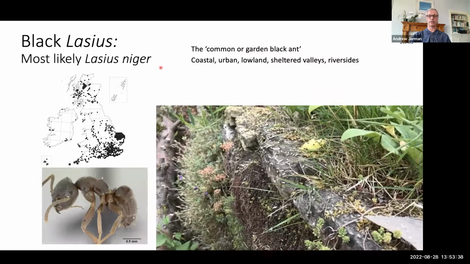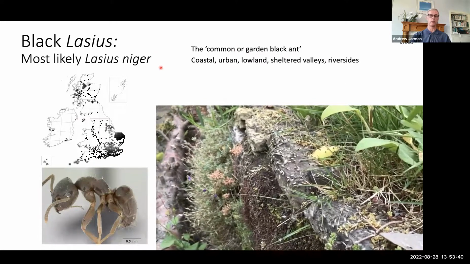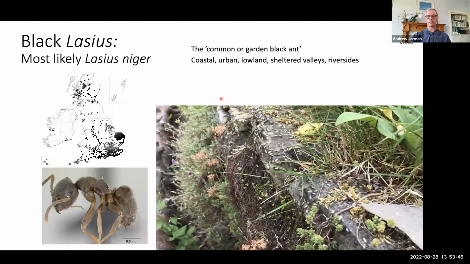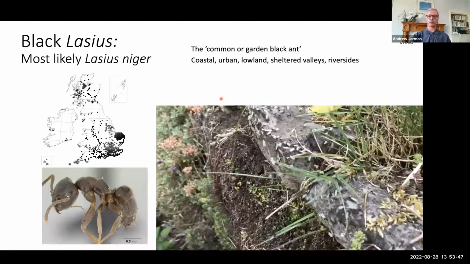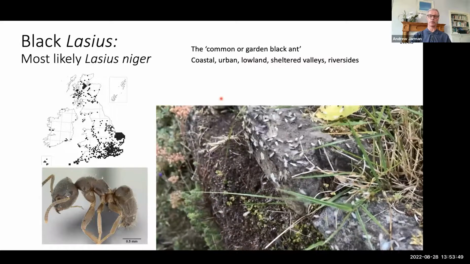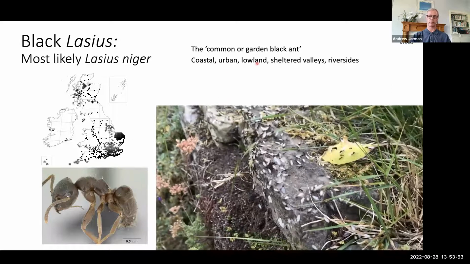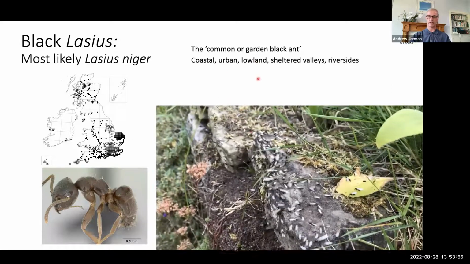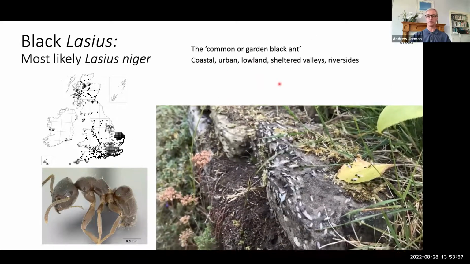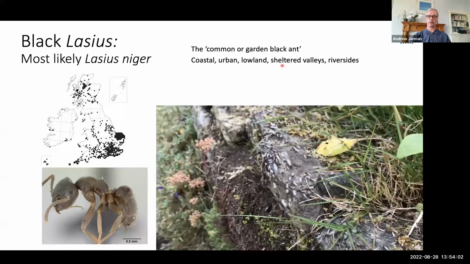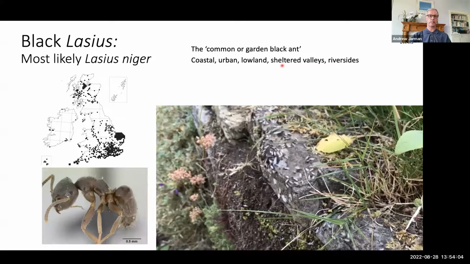So this is going to be Lasius niger, the most common black ant, the common black ant or the garden black ant, very common, very well known to most people. It's very much associated with human interference. So gardens will be a common habitat for it, but not only gardens. And it's the one that's subject to a lot of news reports when you have flying ant invasions as well, like you're seeing here, these flying ants being released. So that's the black Lasius.